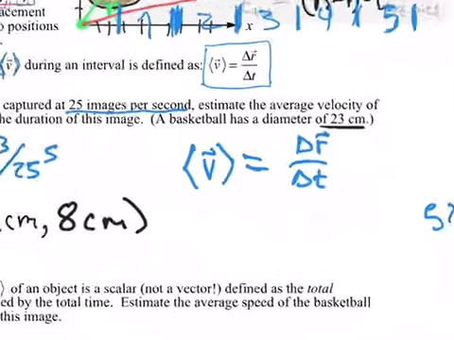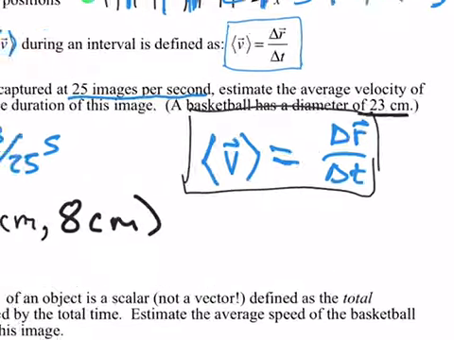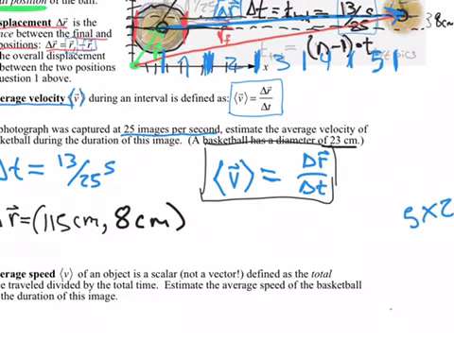Now all we have to do is combine these two in this equation here, since we have both our time and our displacement. Doing that, we can say that our average velocity is equal to (115, 8) centimeters. It's okay to take the centimeters out of the parentheses.